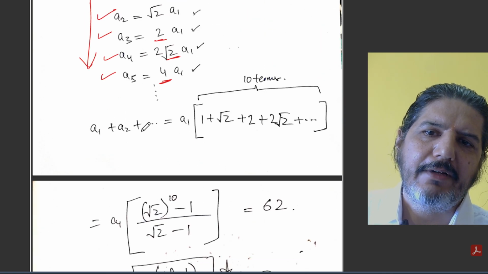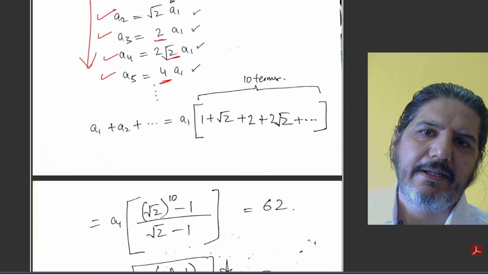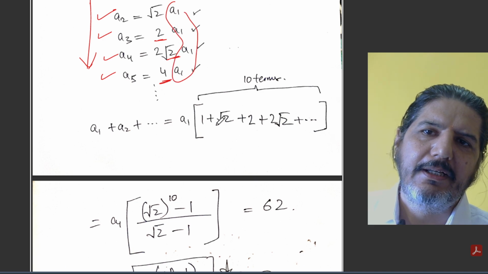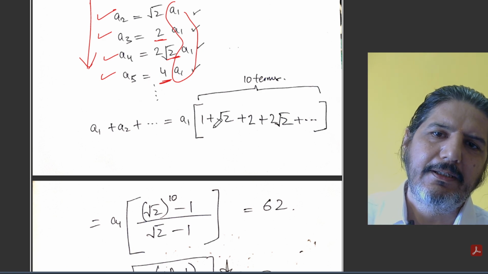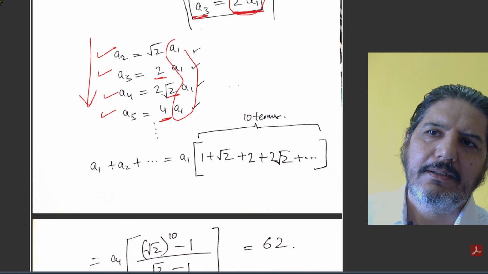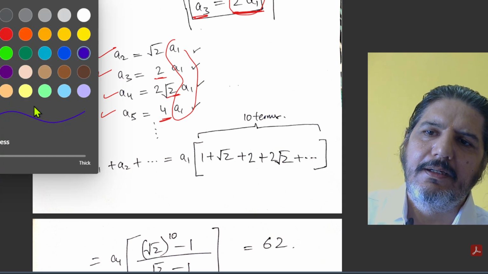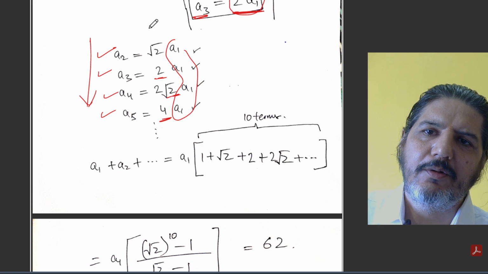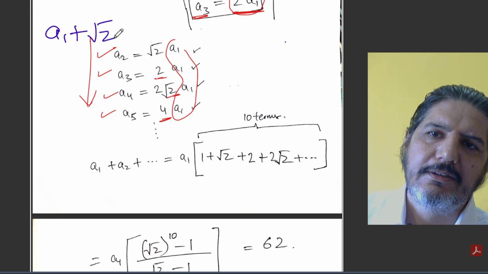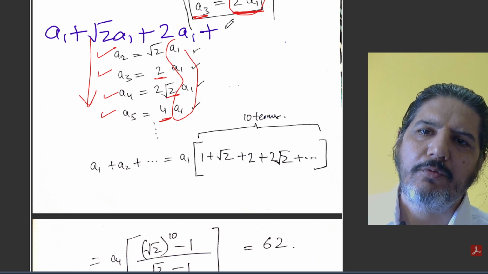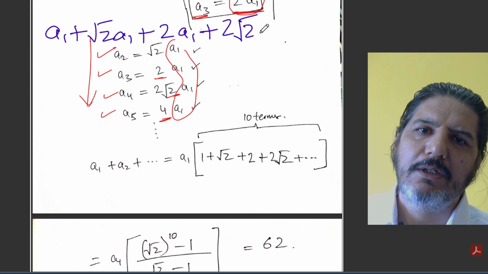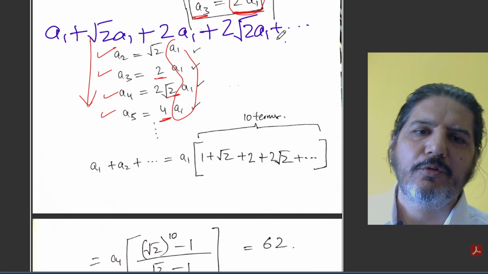So when I do A1, A2, A3, what I'll realize is that this A1 would be common, and in the bracket this is how it will look. So A2 is root 2 A1, A3 is 2 A1, A4 is 2 root 2 A1, and so on.